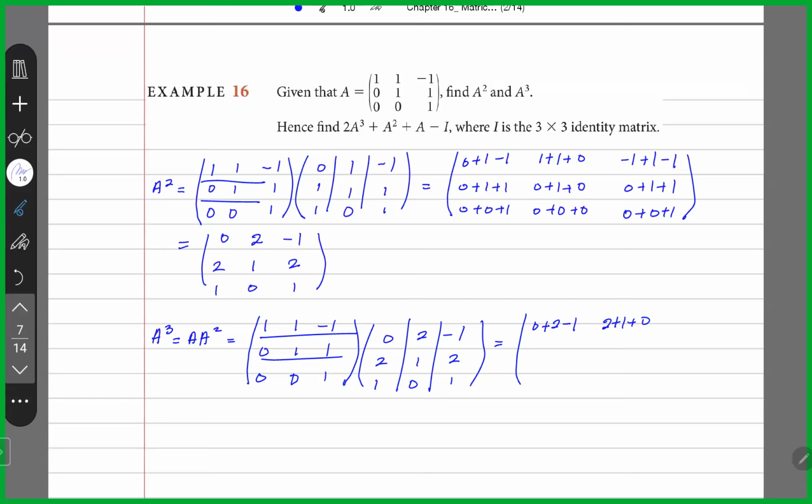Top row, right column, minus 1, 2, minus 1. Middle row, left column, 0, 2, 1.